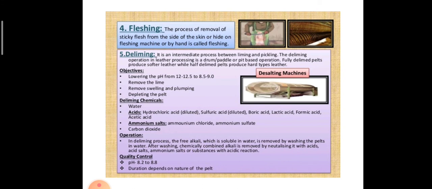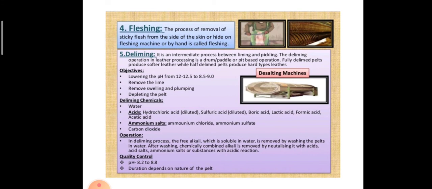The deliming operation in leather processing is done in a drum or paddle or pit based operation. Three methods can be used here. One is the drum technique or paddle or pit based operation.